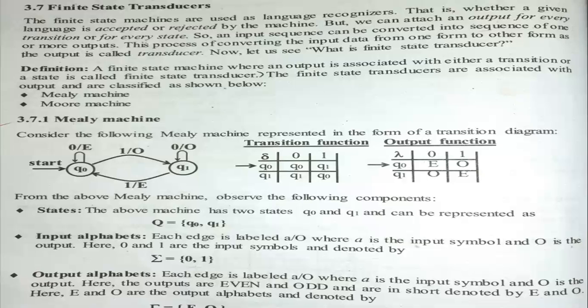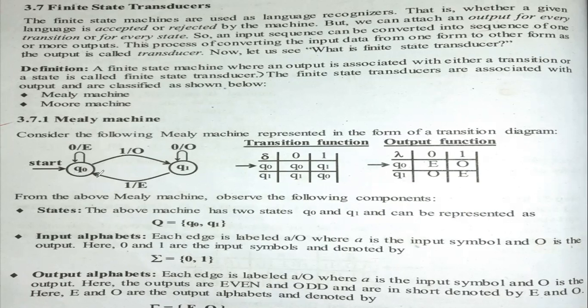Consider the following Mealy machine represented in the form of a transition diagram. Just observe, it is nothing but a DFA accepting zeros and ones. Here we are not representing the final state, so we just neglect this E and O. In every state we have input alphabets like 0, 1, 0, 1.